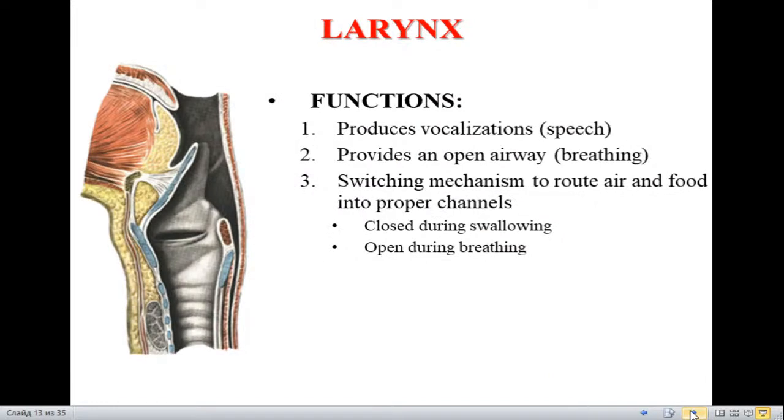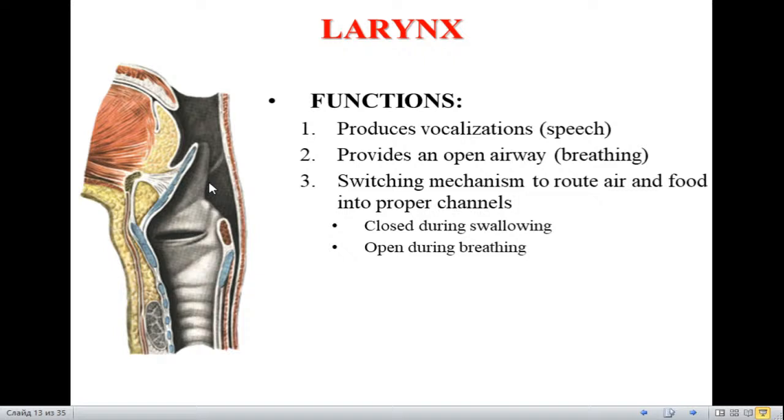The functions of the larynx are to produce speech, provide an open airway for breathing, and also to route air and food into the proper channels, because in the oropharynx we have the crossing of the respiratory tract and alimentary tract.